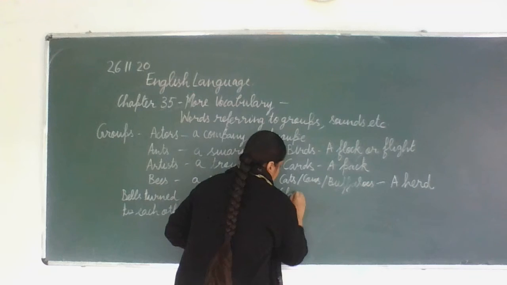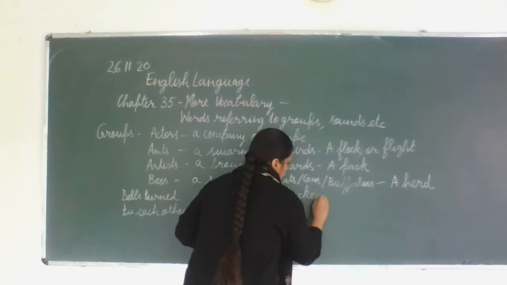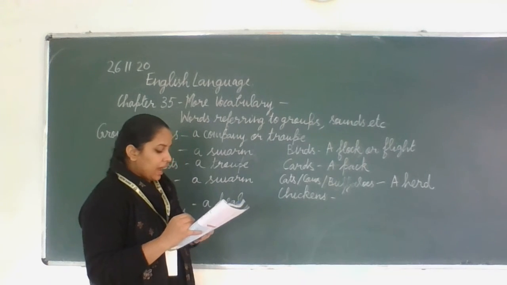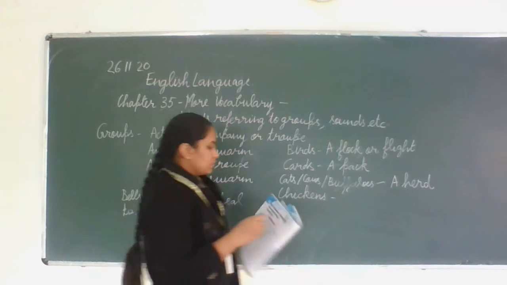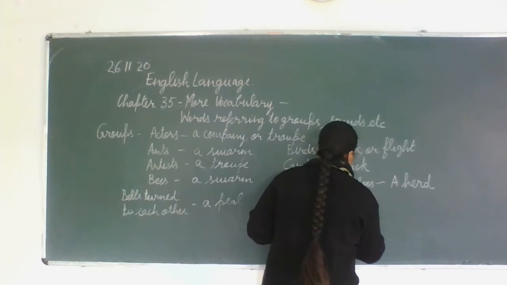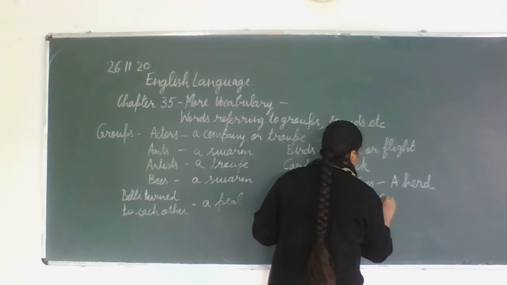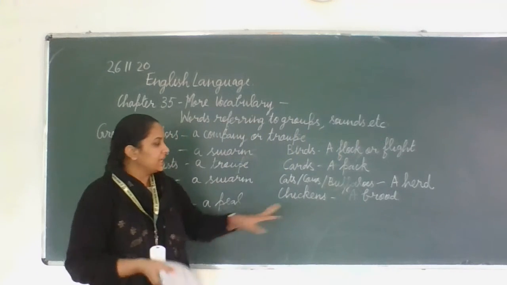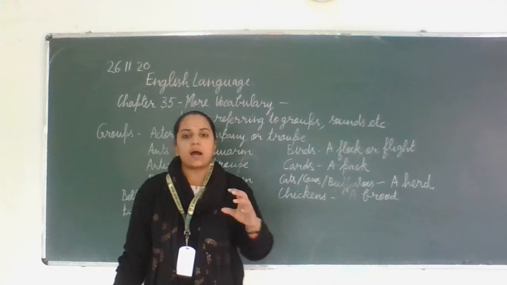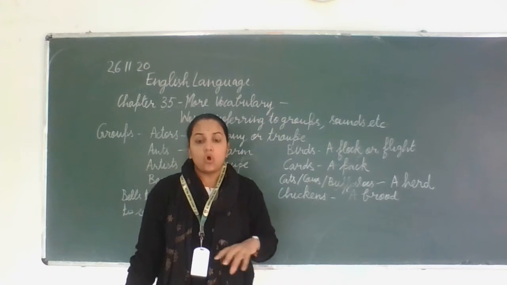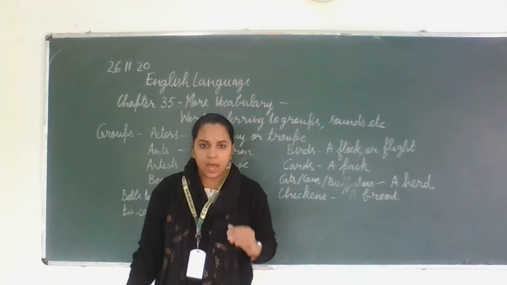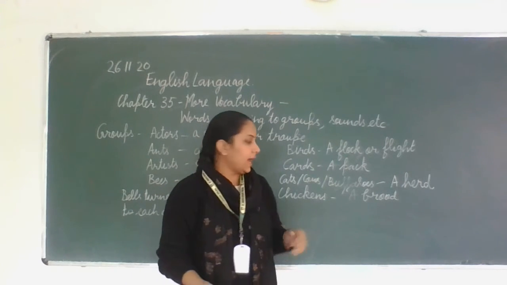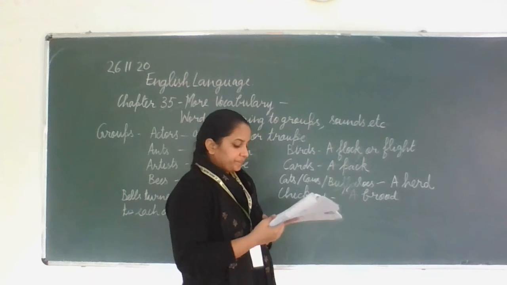Chickens. What are the chickens? The babies of hen are known as chickens, and the group is known as a brood, especially when the chickens are hatched at the same time. That group is known as the brood.